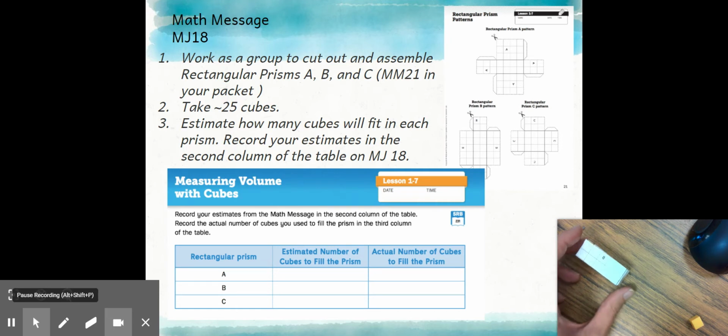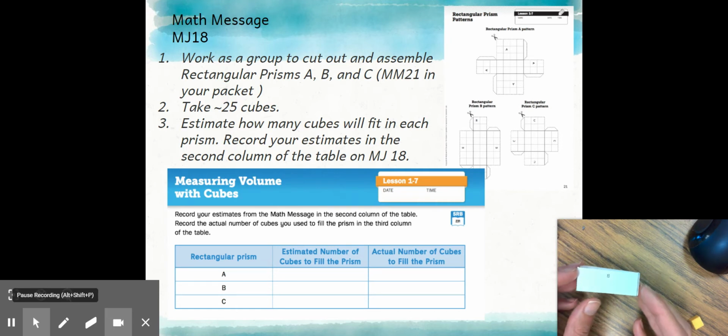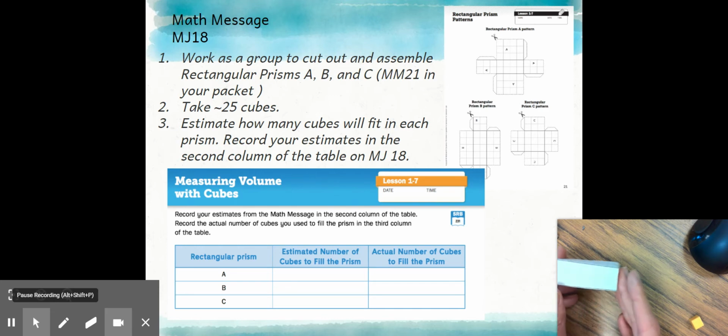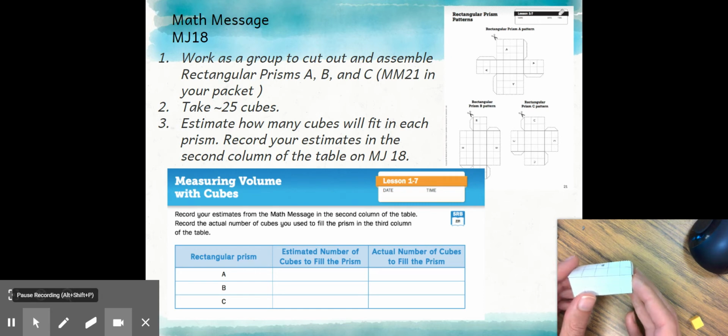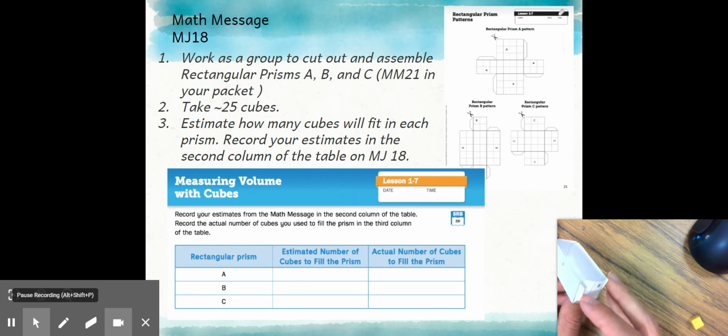Here's prism B. How many cubes do you think will fill prism B? Here's the bottom. Okay, and I know it's hard because you're not here in person with me to see this, but there are ways that you could tell how many cubes fit in this prism.